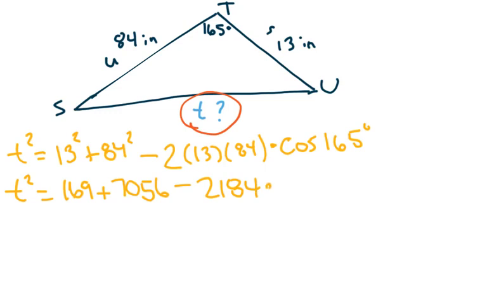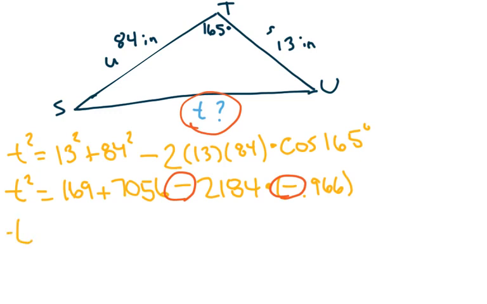And then it's going to be multiplied by the cosine of 165. And that is negative 0.9659. I'm going to round that to negative 0.966. Now, as I said in the note video, there's a negative and a negative being multiplied by each other, so we need to make sure that we apply that below.